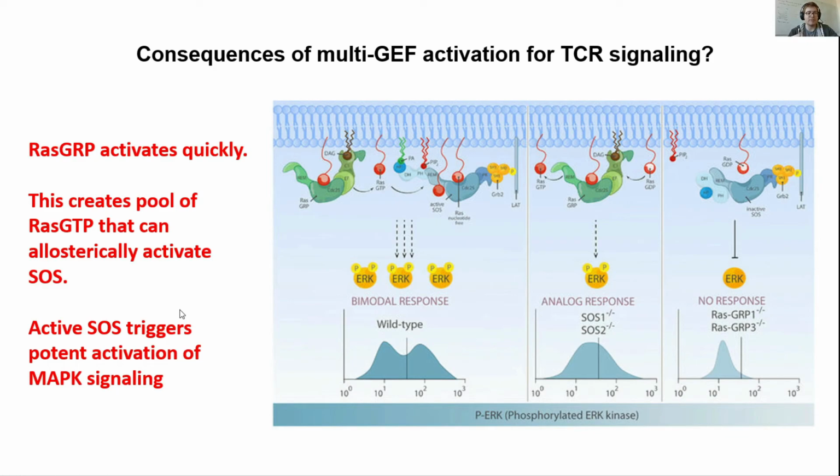So Ras-GRP activates quickly. It makes a lot of RAS-GTP very quickly. And remember that RAS-GTP is a molecule that stimulates the activity of the SOS-GEF. And so by generating this pool of RAS-GTP, SOS can be very potently activated, which is going to push a lot of molecules from being this weakly on graded response to fully active.